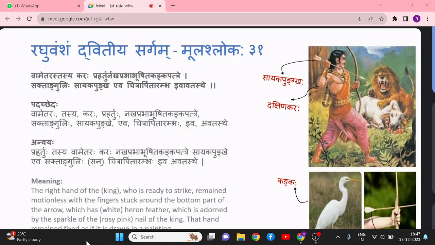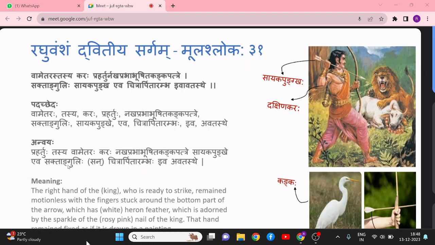So prahartuhu means the archer, whose right hand got stuck at the sayakapunkha, the bottom part of the arrow, which has the heron feather and is adorned by the rose-colored shine that comes from the nails of the king.